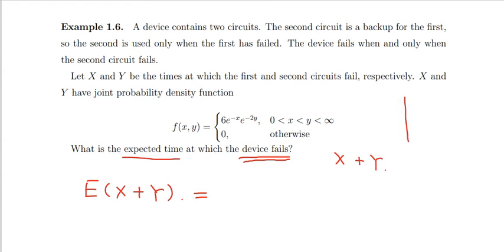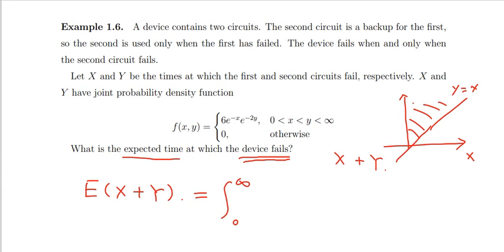So let's say the region: y larger than x. Suppose this is y equals x. So y larger than x is this part, the upper part. The integration goes over x from 0 to infinity, dx.